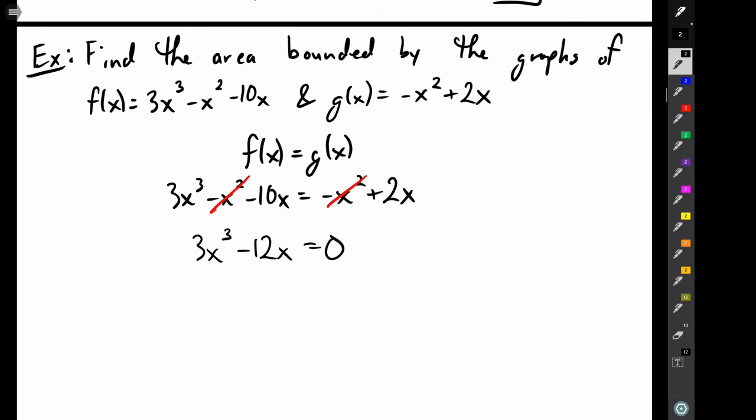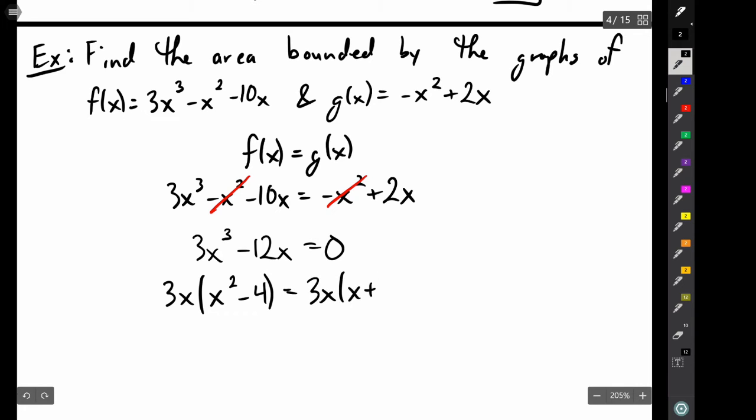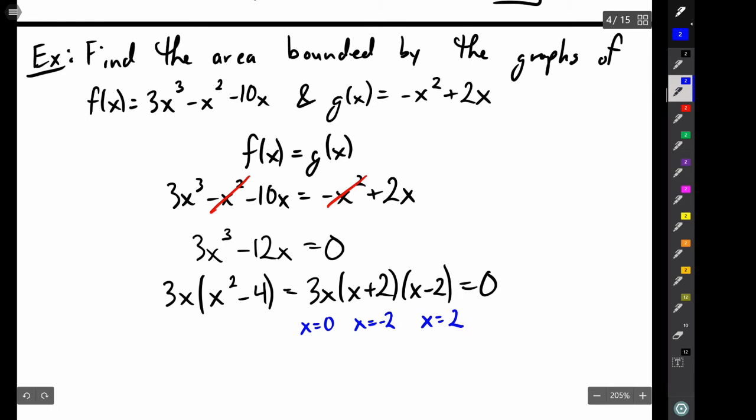Okay, so now factor out what we can. Let's see, we can factor a 3x out of this, and that leaves us with x squared minus 4, which we can further factor as x plus 2, x minus 2, and that's going to equal 0. So what we get here is the first term tells us x is 0, second one says x is -2, third one says x is 2, as we sort of expected from the graph.